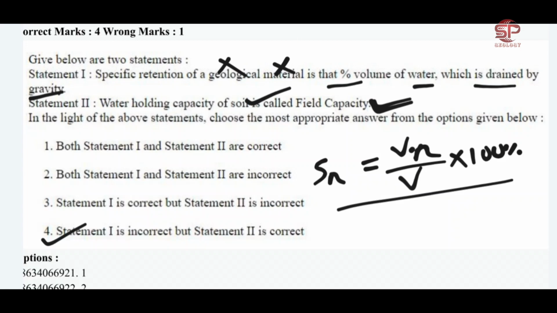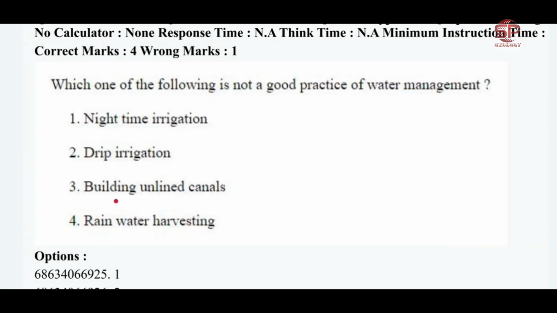Number 4. Which one of the following is not a good practice of water management? First, night time irrigation. If you do night time irrigation, it will lower the water cost, because during night time there is less wind.